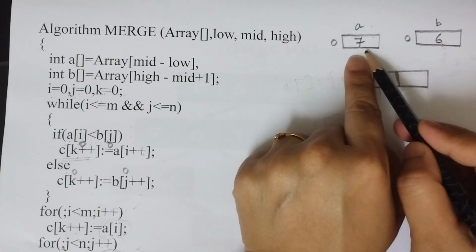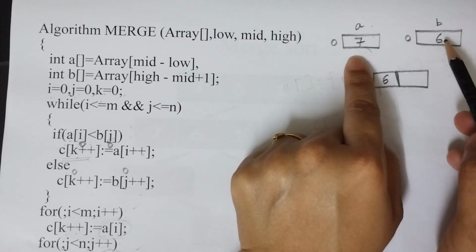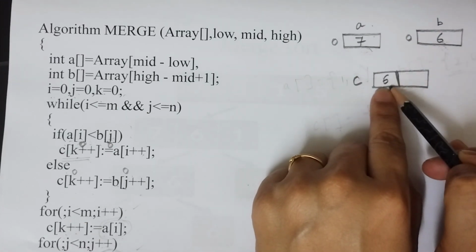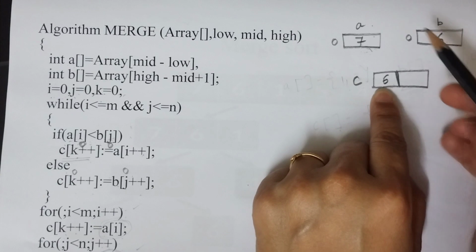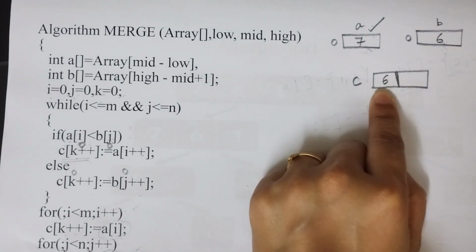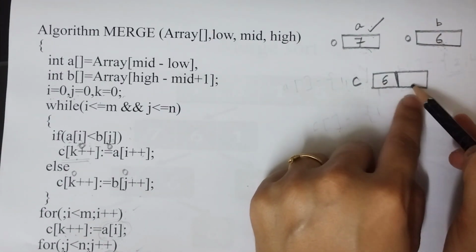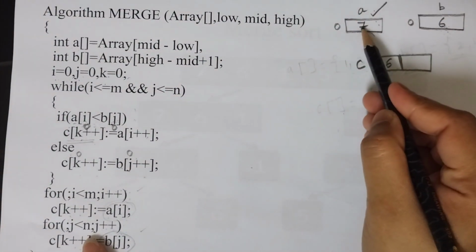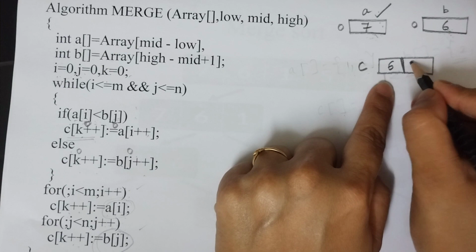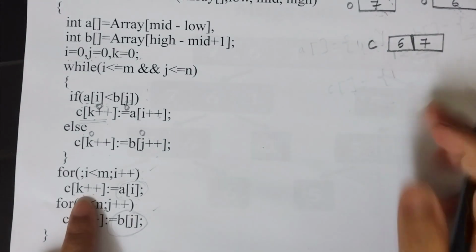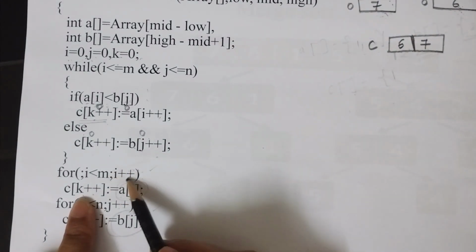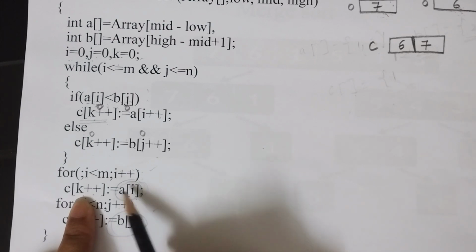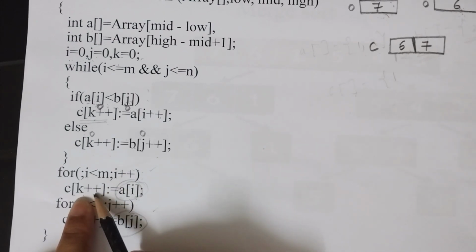Among these two arrays we compared these two values and we placed 6. Now what is left here? This array is left. We didn't place 7 in this array. So you are going to place this value 7 into this array here by using this for loop. Whatever values are left in the A array will be copied to the C array.